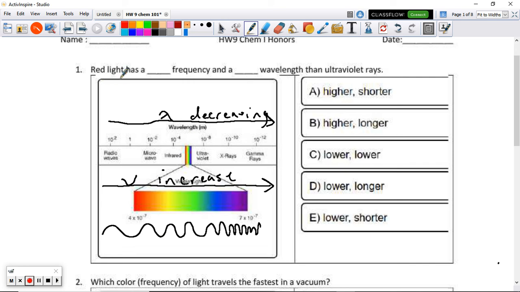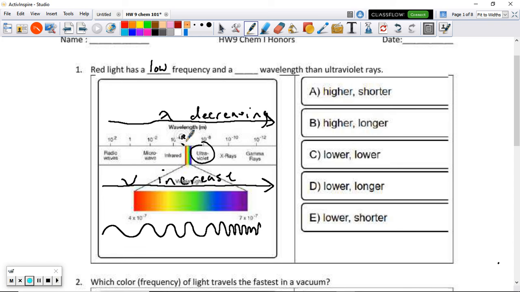So red light has a low frequency and a longer wavelength, because we're looking at red light, which is right here.